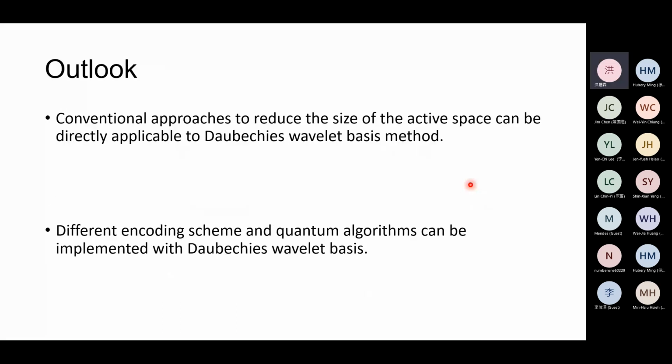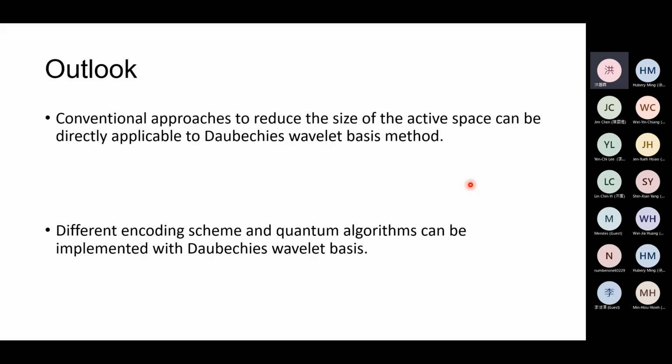And it's easy to see the outlook. Since it adapts from classical chemistry, the conventional approach to reduce the size of the active space can also be directly applicable to this Daubechies wavelet basis method.